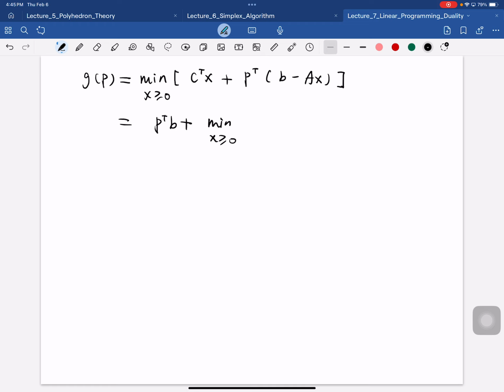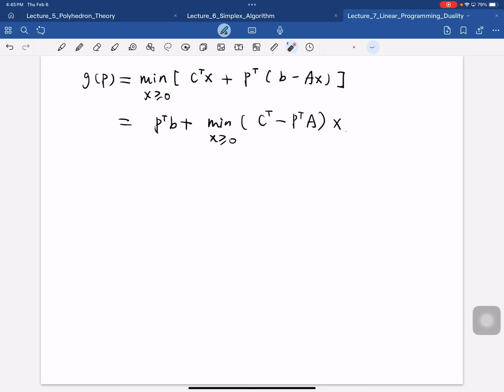Now we have (c transpose minus p transpose A) times x. So we end up with a linear function of x, and you are trying to minimize over a linear function of x where x is greater than or equal to 0.